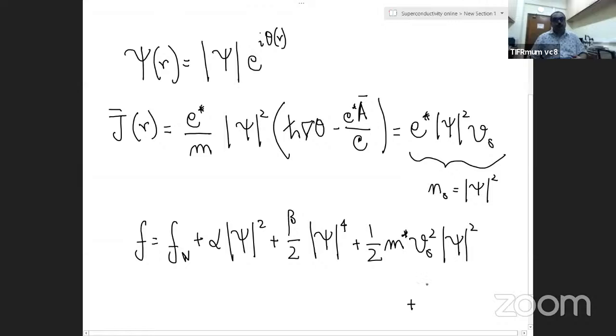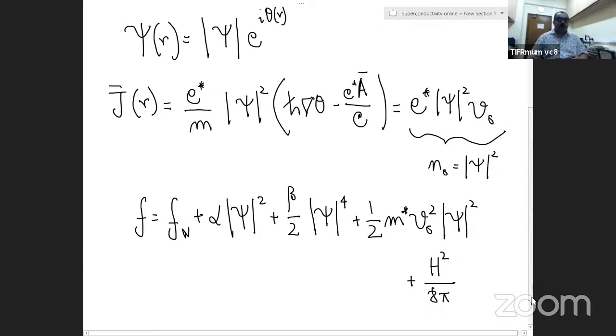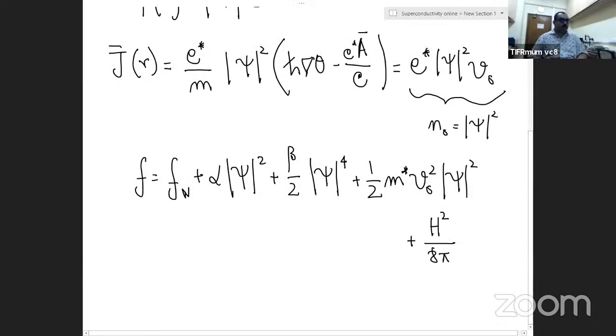So I have to also take the magnetic field energy density. Alright, and this is what I will have to minimize.